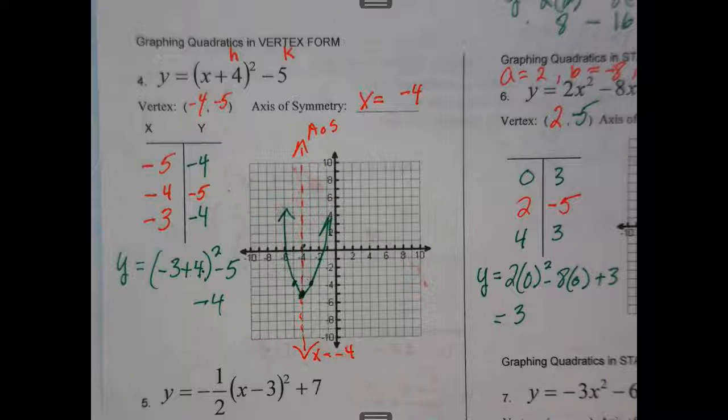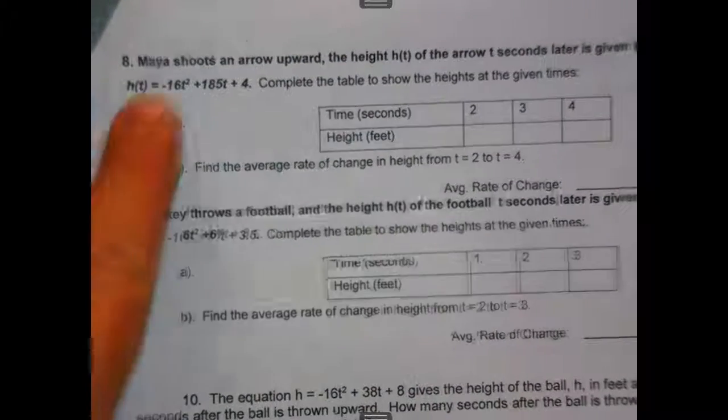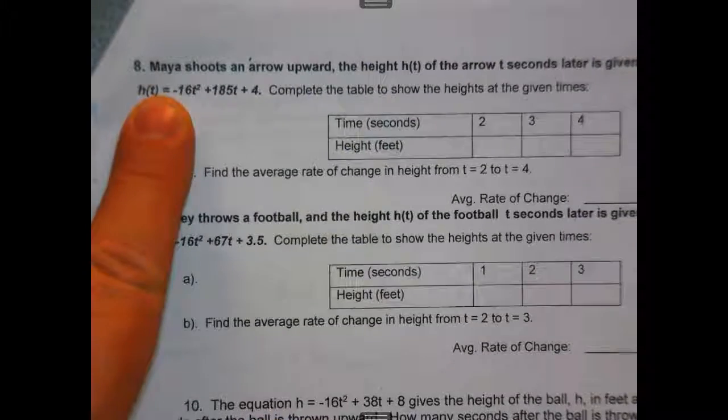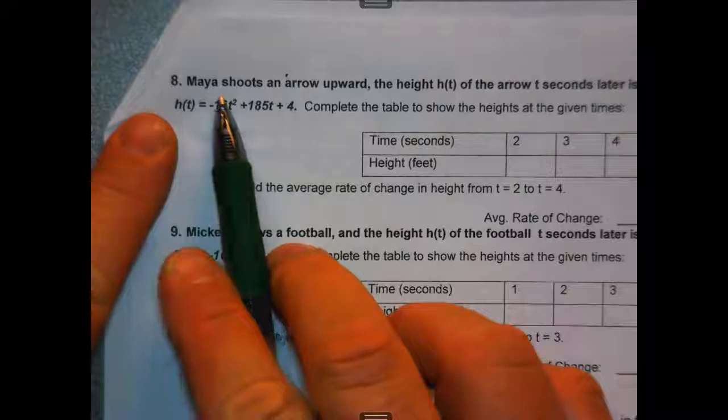And then we have the word problems, right? That's it. Okay, number 8. Look at that, Maya. Look, you shoot an arrow upwards.